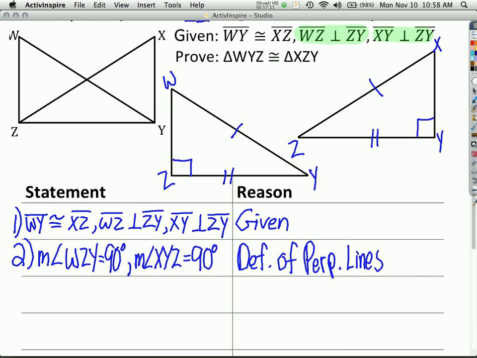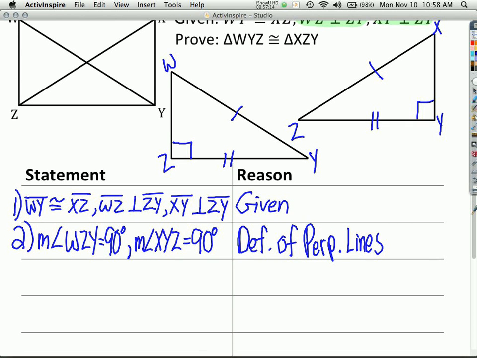Now, you do have to go a step further. Remember that the proof has to be written for an idiot. So you have to say, because the idiot doesn't know that just because this is 90 degrees, that's a right triangle. So you have to say triangle WZY is a right triangle.